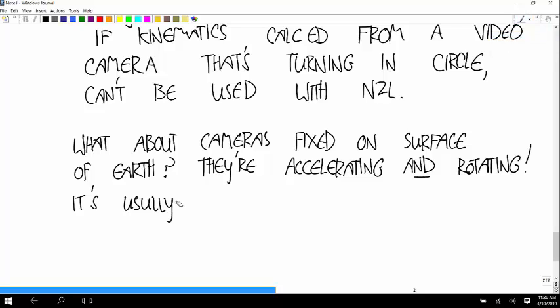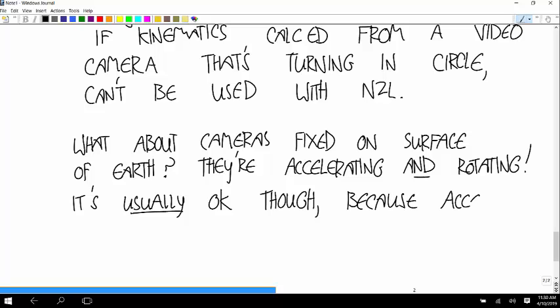Well, usually. Because the acceleration is small and the rotation is slow.